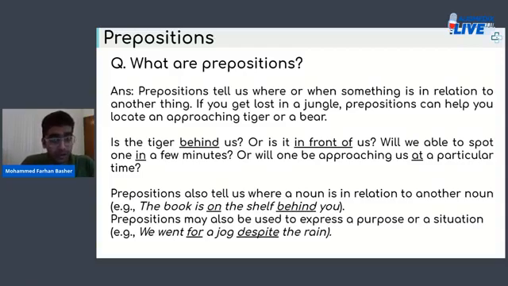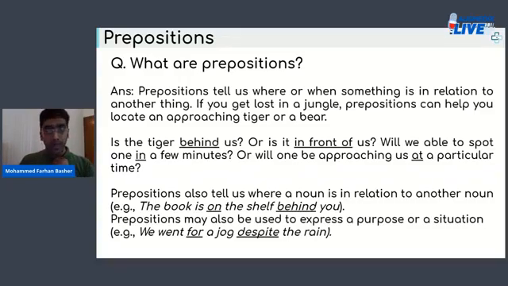So here you've got a purpose, right? The purpose is to go for jogging. Now, how do you express so? You take the help of a preposition here. So you say we went for a jog. The word "for" in this case is a preposition. Despite the rain, the word "despite" here shows contrast, right?